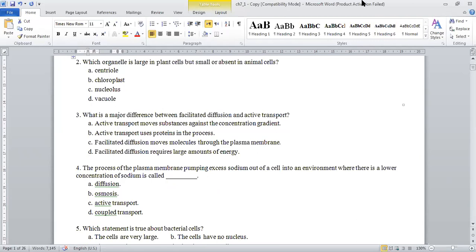Which organelle is large in plant cells but small or absent in animal cells? The vacuole.